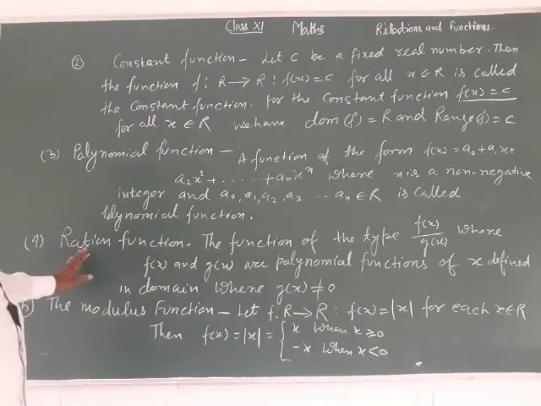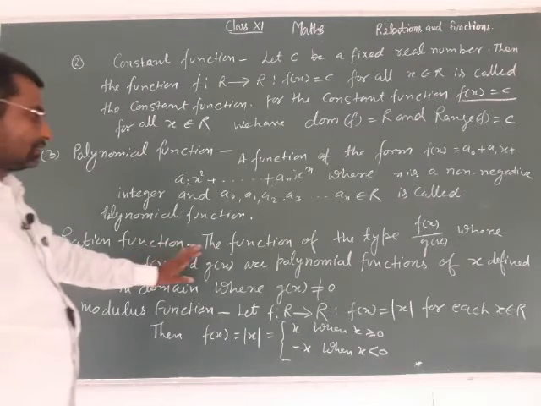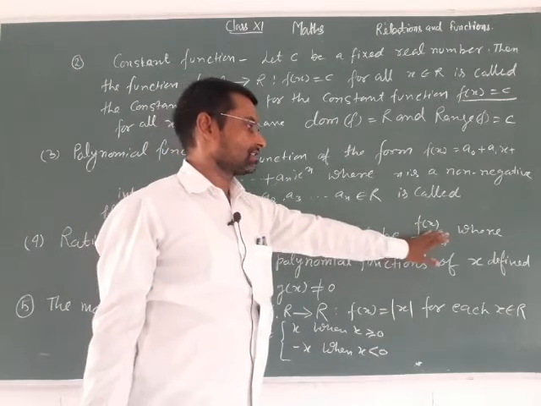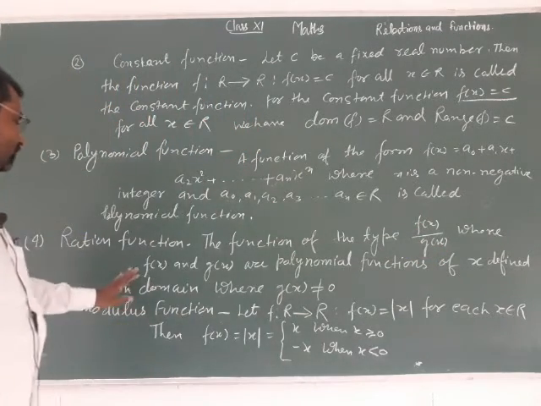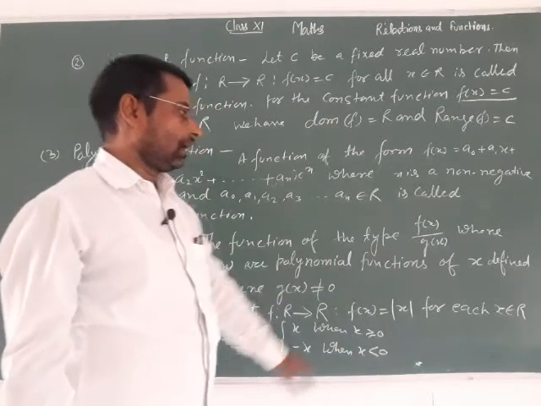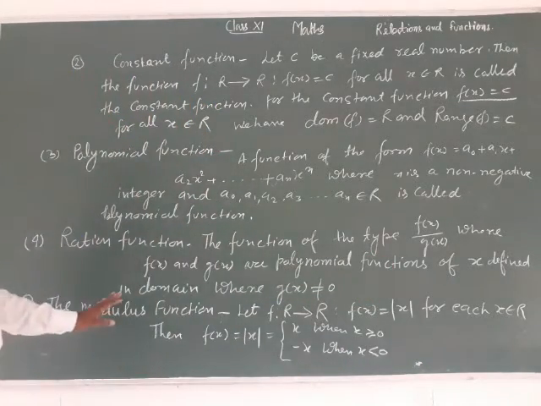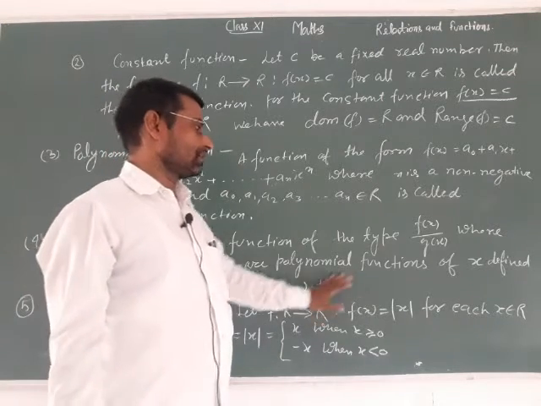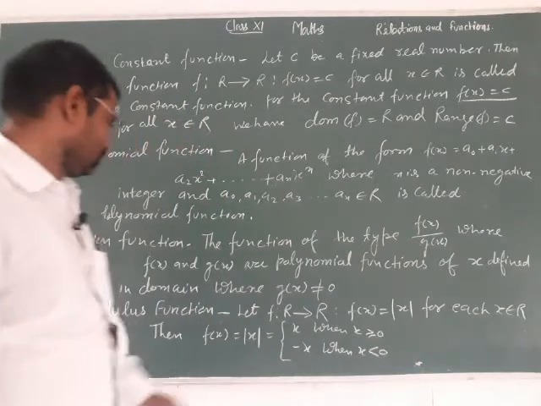Fourth, rational function. A function of the type f(x)/g(x), where f(x) and g(x) are polynomial functions of x defined in a domain where g(x) is not equal to 0.